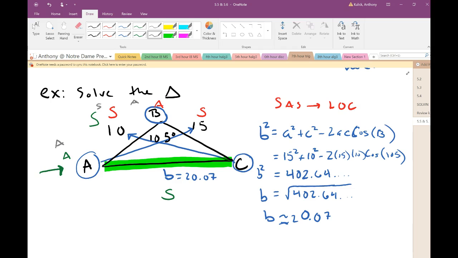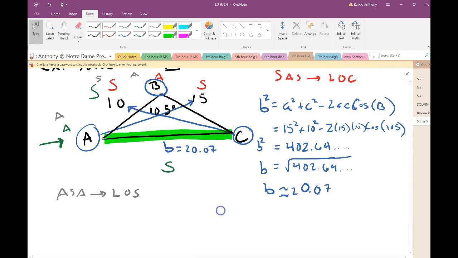So it doesn't matter at this step. Once you've done that first law, you should be able to use either of the two. I'm going to choose to use the law of sines because I think it makes life a little bit easier, because the formula is considerably less complicated.